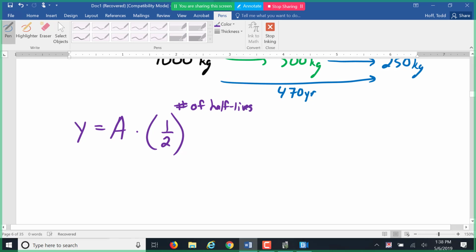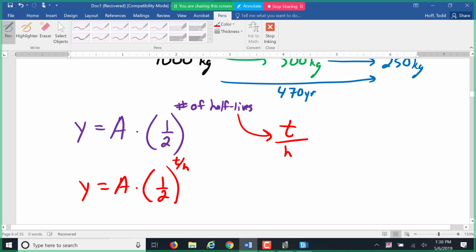Well, the number of half-lives is really simple. That's just the number of years divided by the half-life. We'll just use H for half-life instead of HL. So that formula becomes Y equals A times 1/2 to the power of T divided by H.